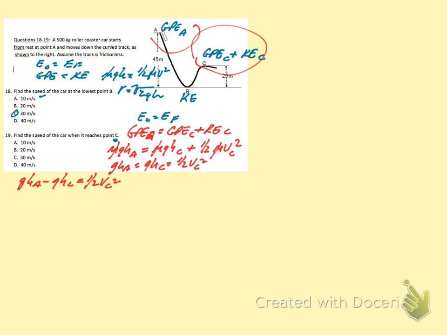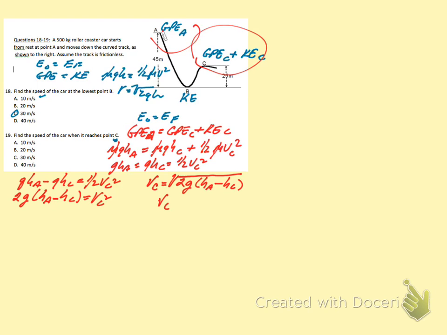We can multiply both sides by 2 and factor out the g, and we would get 2g times quantity h_A minus h_C equals v_C squared. Take the square root of both sides, and we're going to get velocity at C equals the square root of 2g times h_A minus h_C.